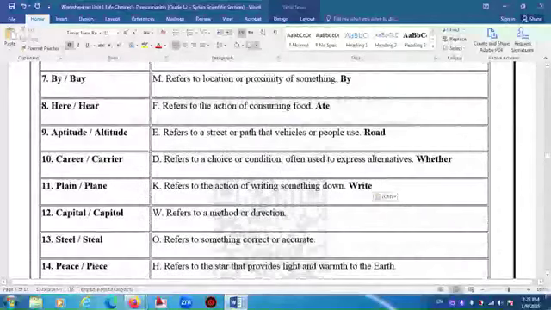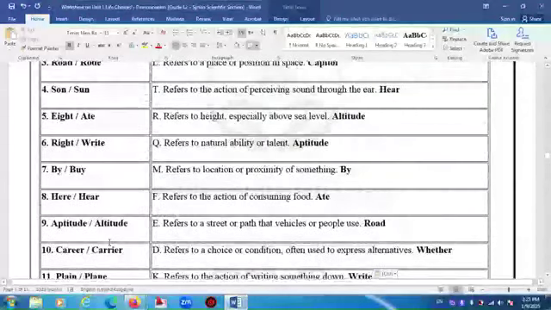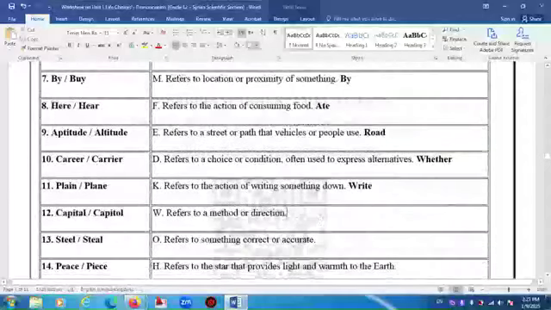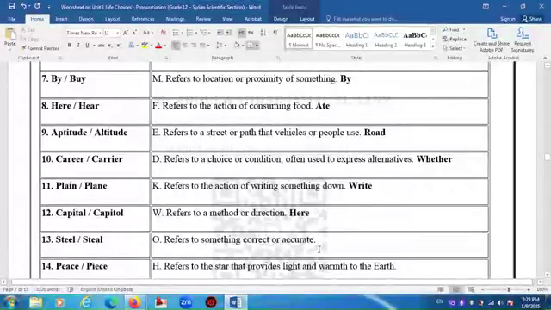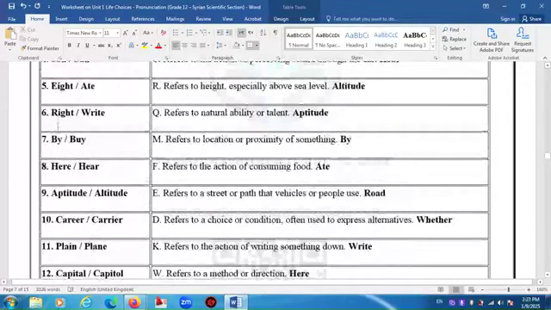To write down. Refers to a method or direction. Here. Refers to something correct or accurate. True. Correct. Right.